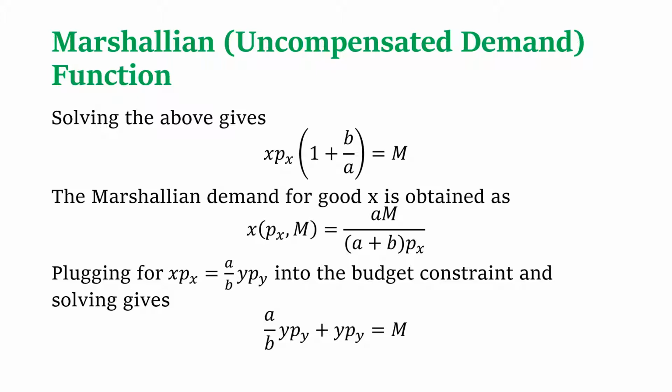If we solve, the demand function for good x is therefore x equals am over a plus b, all over px. So this is the Marshallian demand for good x. So clearly, the demand is a decreasing function of the price. That is to say, if the price increases, the demand will fall.